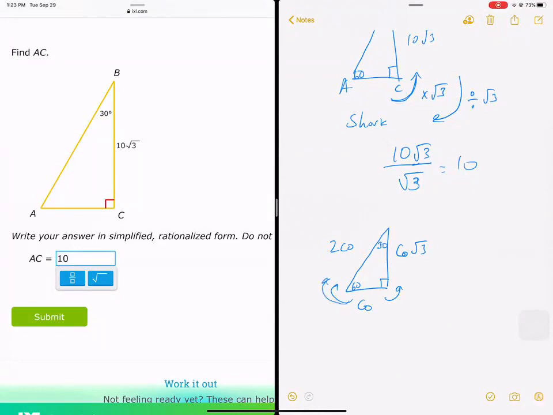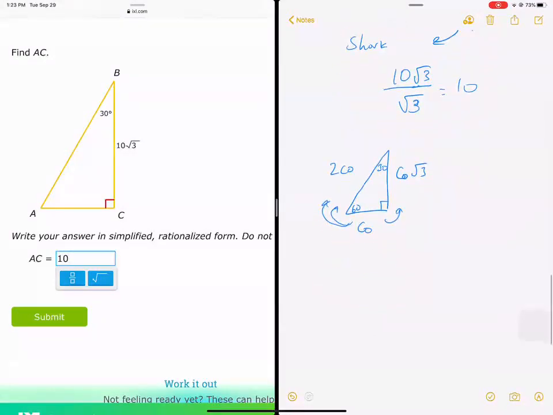Now, the reason why we said this was true is because if I draw a triangle that says 60, 60, 60, give me any side you want. Let's say 120. This is 120, this is 120, this is 120, right? Cool, 120, the sides. If I cut this in half, isn't that side now 60?